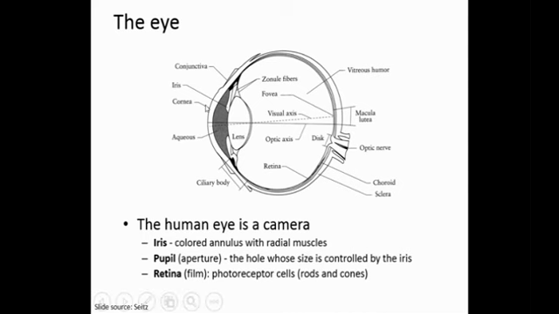So the analogy is that the iris is kind of like our shutter. It's affecting our pupil size. Our pupil is the aperture, so that dark part of your eye is where the light's coming in. And then the retina is like the film.